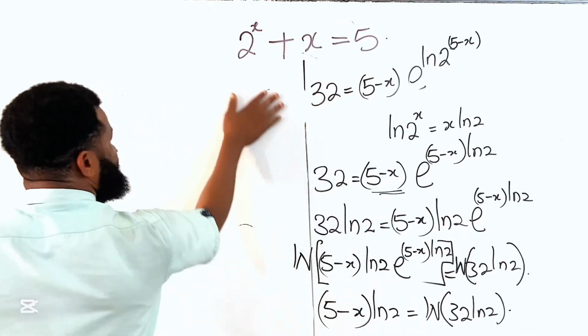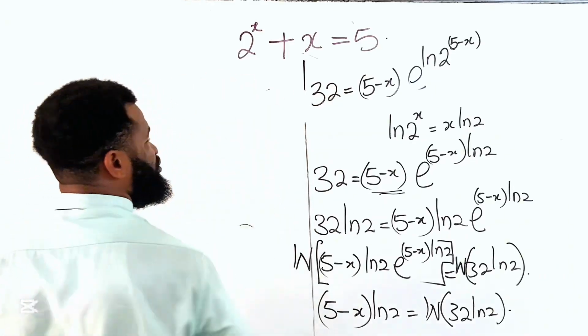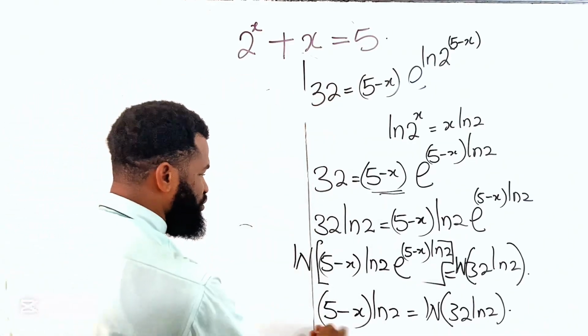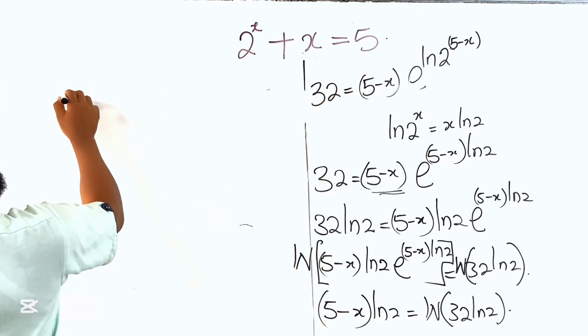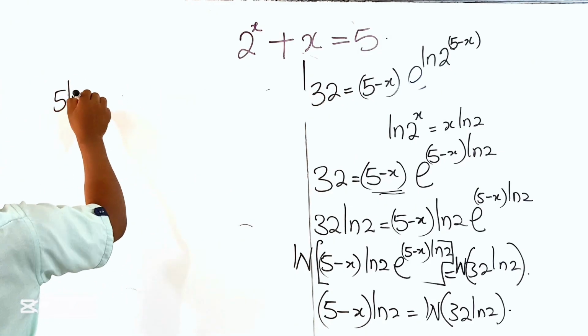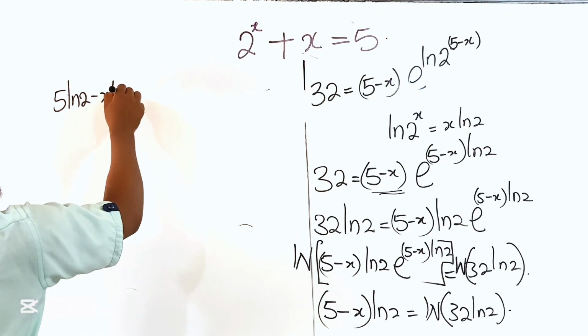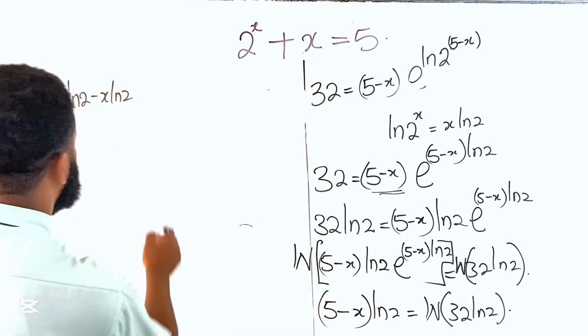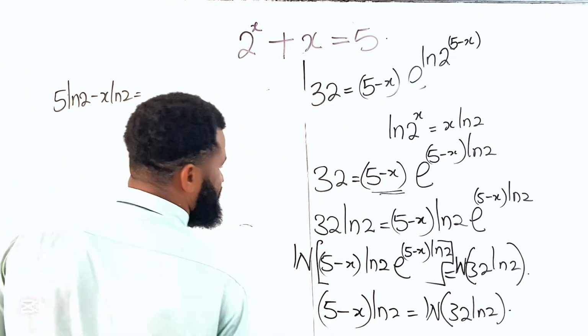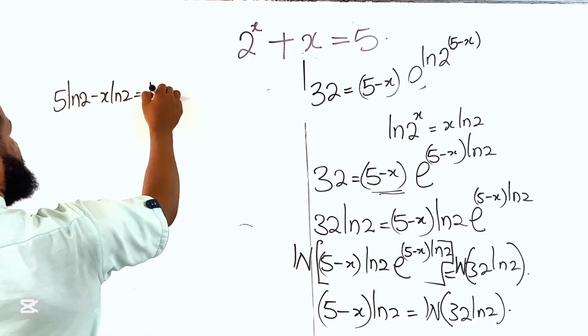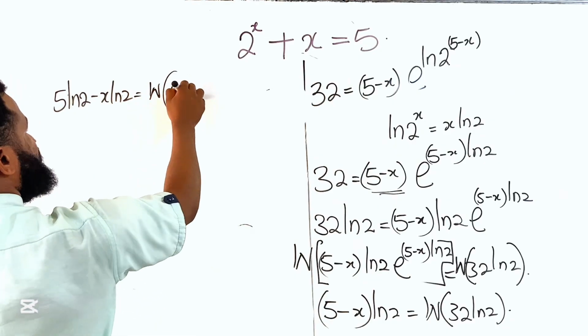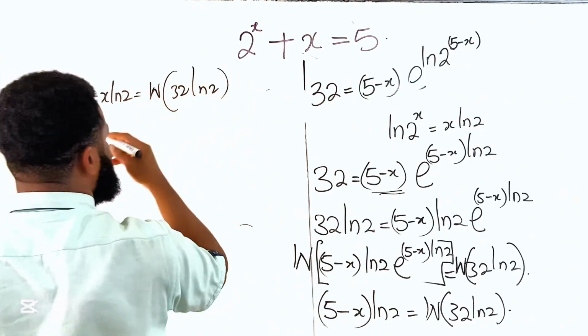All right, so remember, I'm not going to complicate anything. I'm just going to open the bracket. So I'm going to have 5 ln 2 minus x ln 2, just opening the bracket with ln 2, which is equal to W of 32 ln 2.